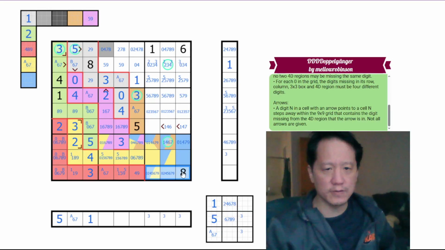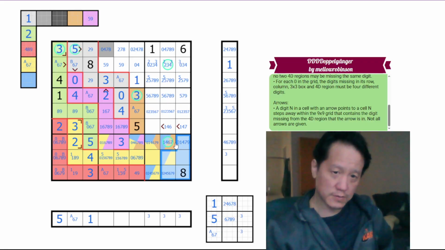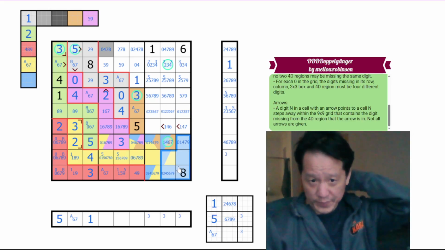I think technically we could get 1, 2, 3, 4, 5, 6, 7, 8, 9. So this could actually be some orange combination. We don't really know.